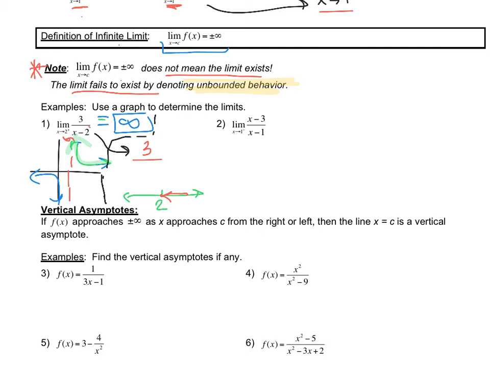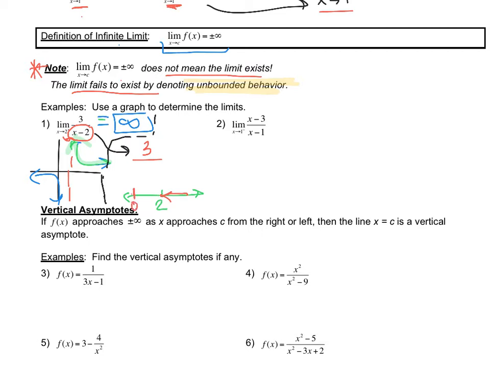So x is getting closer and closer to 2 from the right. Then think about the denominator of our function. I'm talking about the limit as x approaches 2 of x minus 2. So think about x getting closer and closer to 2 from the right, and then subtracting 2 from that number. So that would mean 2 minus 2 is 0.